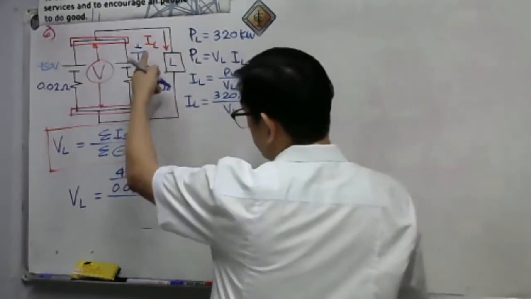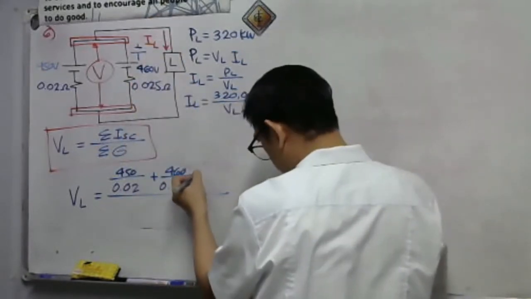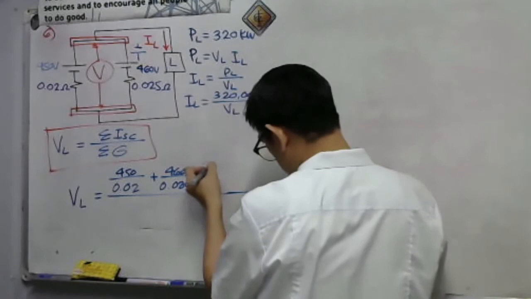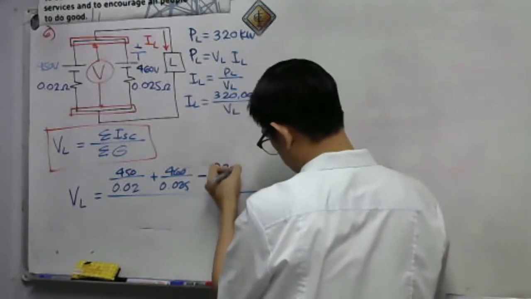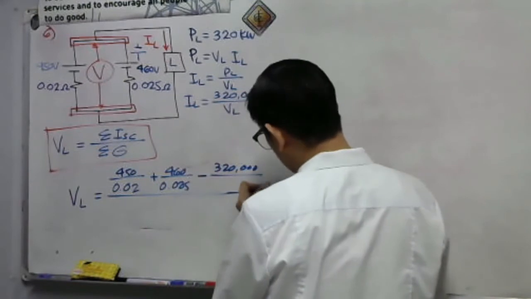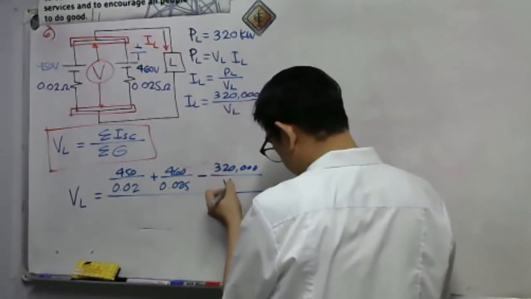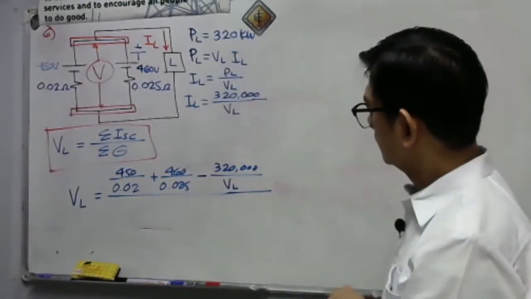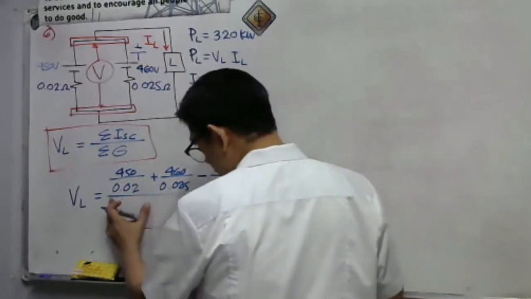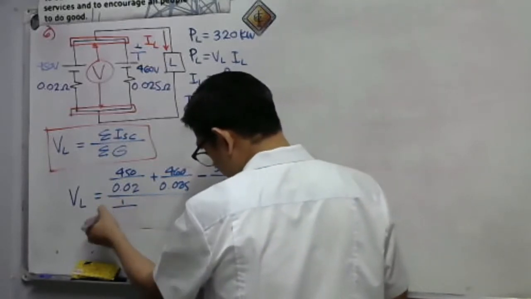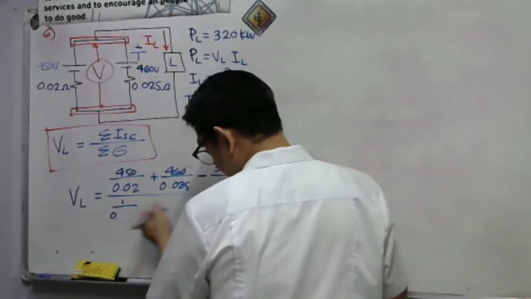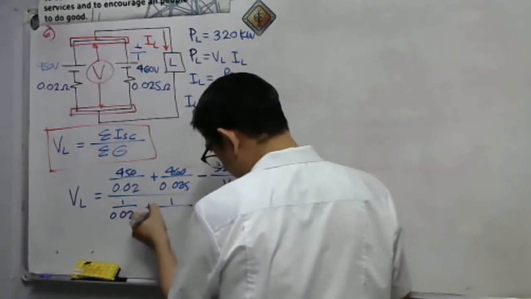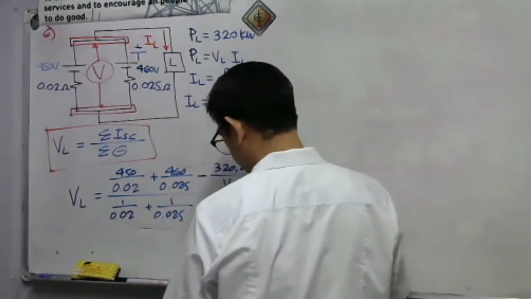Okay? So, there is a current here going downward. Therefore, minus 320,000 over VL. Then for the denominator, that will be 1 over 0.02, plus 1 over 0.025.